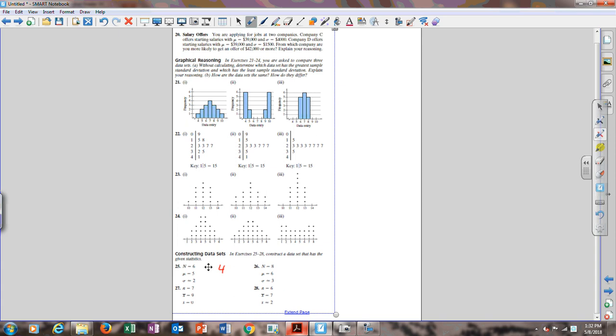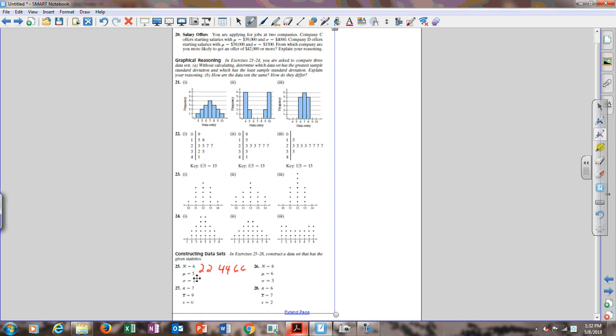Then I need a standard deviation of 2. So I'm going to go 2, 2. Actually, I'm going to go 4, 4 in the middle, and 2, 2, and 6, 6. Now you have a standard deviation of 2.